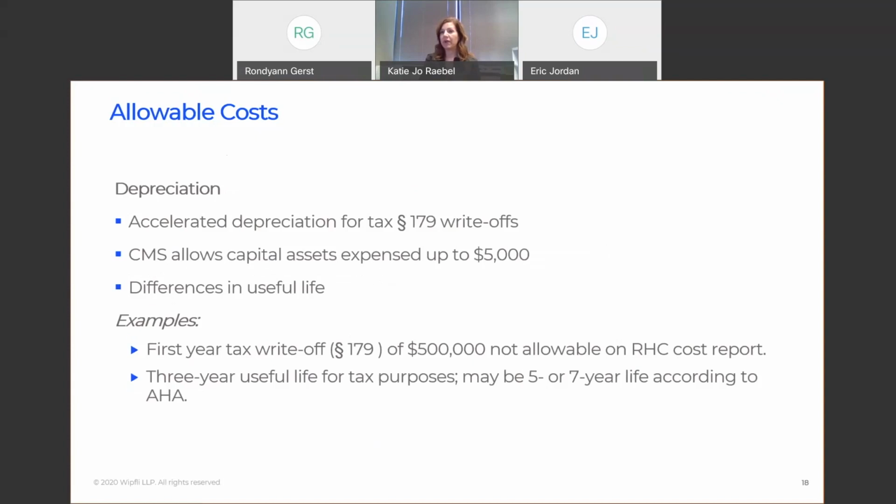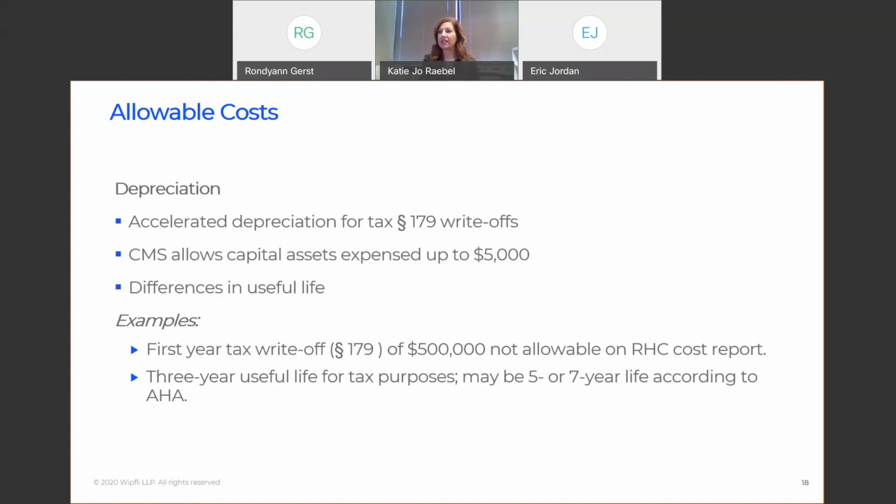We also talked about depreciation. Depreciation, we may have accelerated depreciation methods for tax purposes, but for Medicare purposes, we want to make sure that we are using American Hospital Association useful lives, that we're expensing, maybe we have a depreciation policy where we expense items up to $5,000, that we write those off in the year that they're purchased.